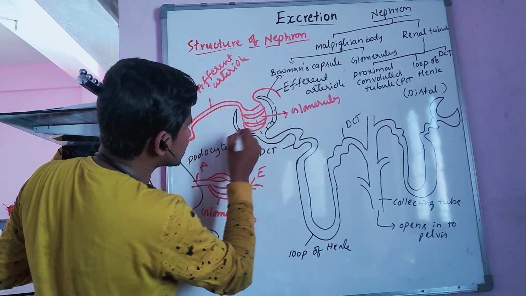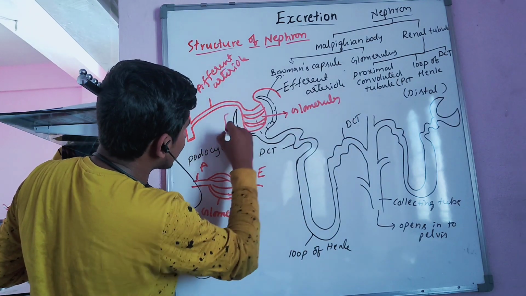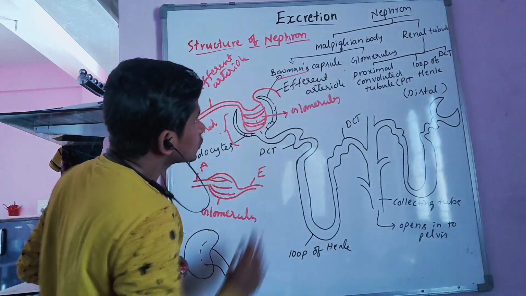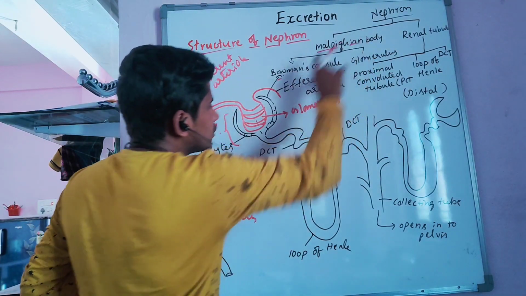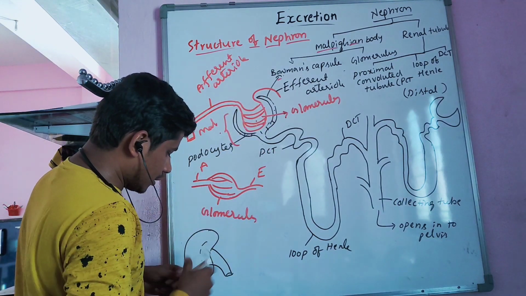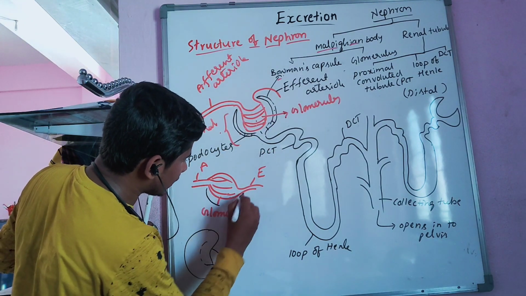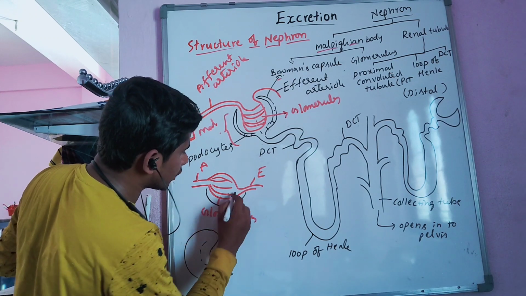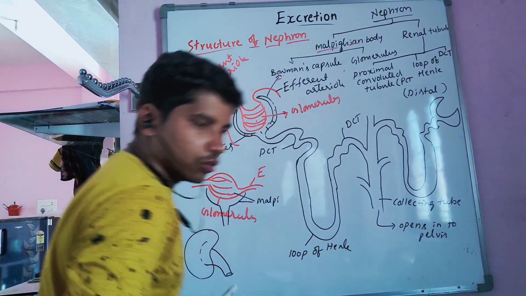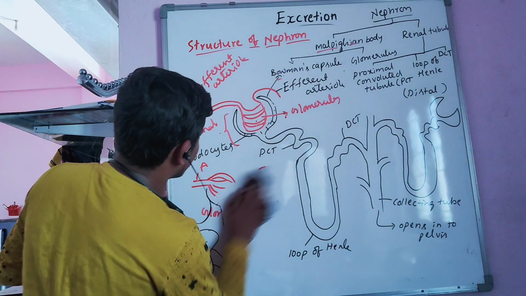So the glomerulus plus Bowman's capsule together are called what? Malpighian body. Glomerulus, that means bunch of blood capillaries, plus the Bowman's capsule, together these two are called Malpighian body.